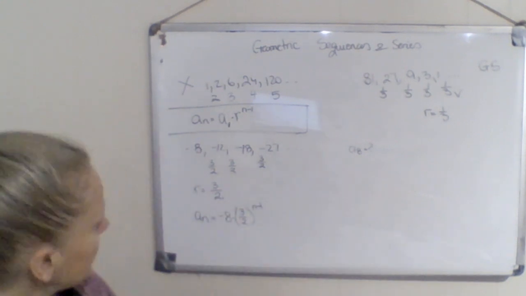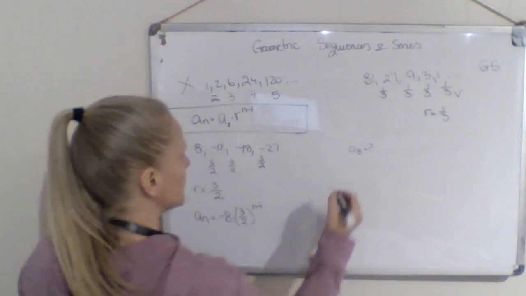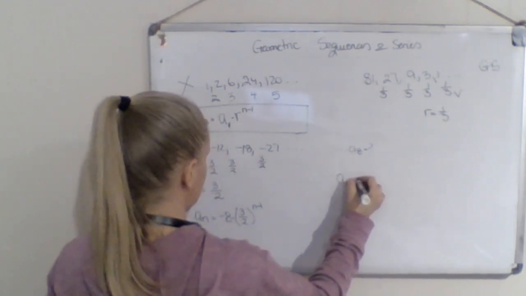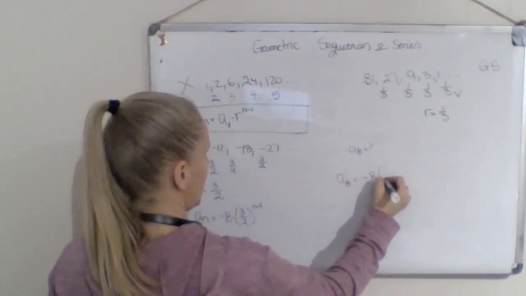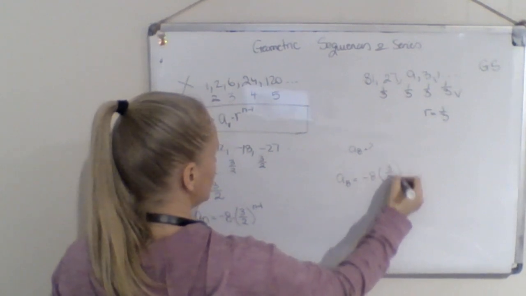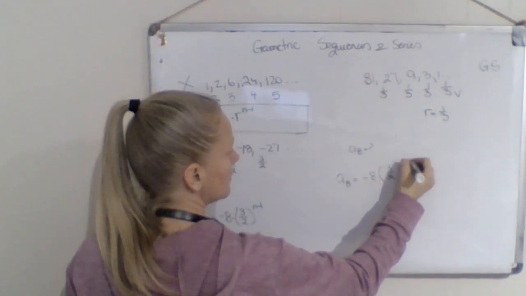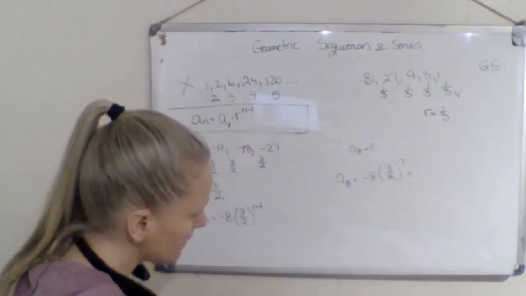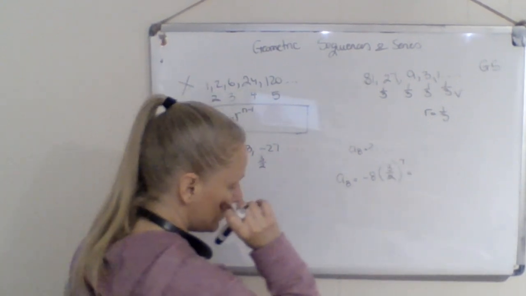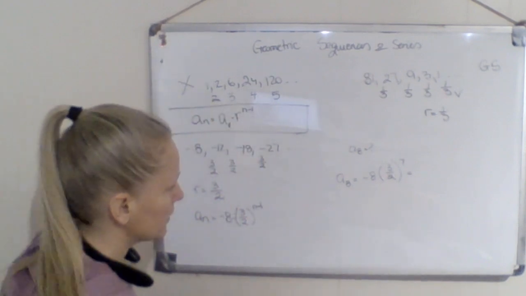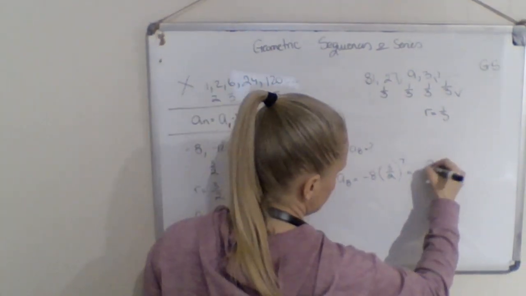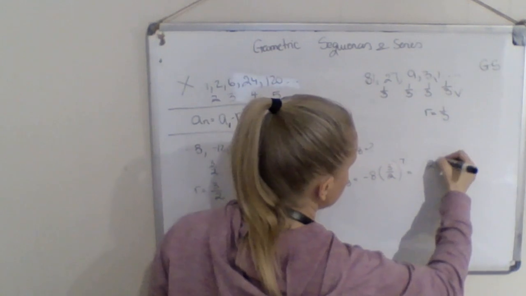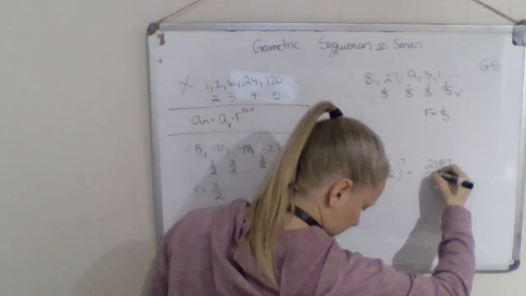Now to find A of 8, that means my n becomes 8. This becomes A of 8 equals -8 times 3 over 2 to the 8 minus 1, or to the 7th. Really, you're going to put this in your calculator. This is not something you're going to do by hand, and it's going to come up to a very weird number. The book says it's -2187 divided by 16.